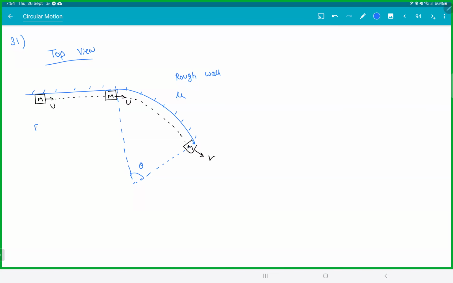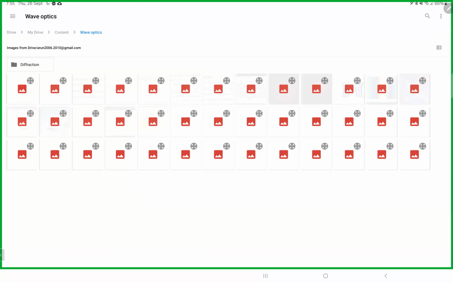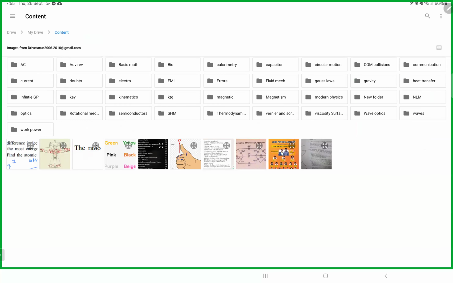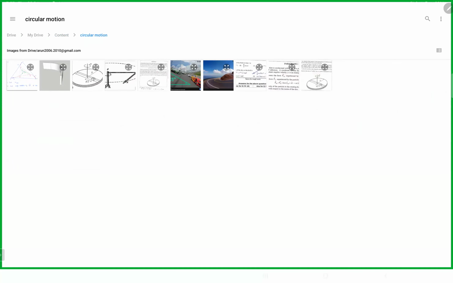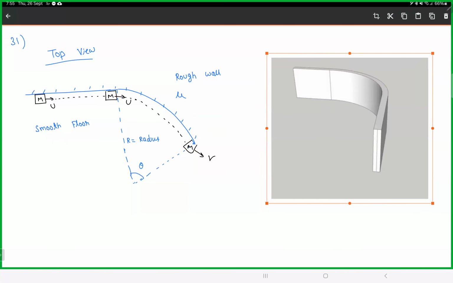Here the floor is smooth. I'll show you another view of this diagram. Smooth floor. R is the radius of this track. Like this.